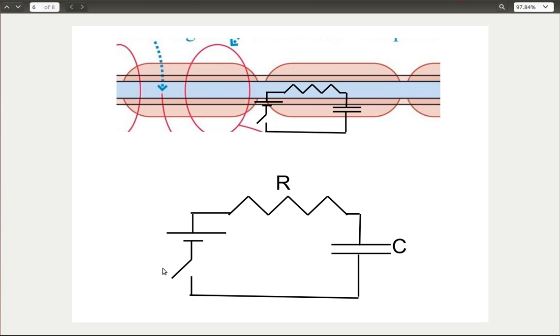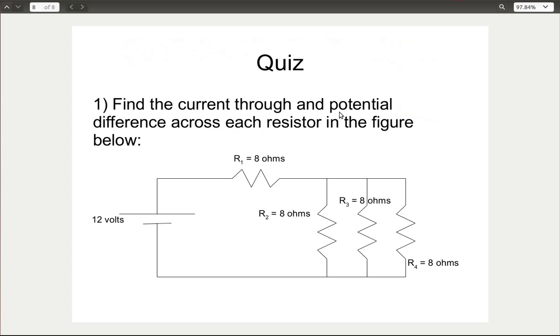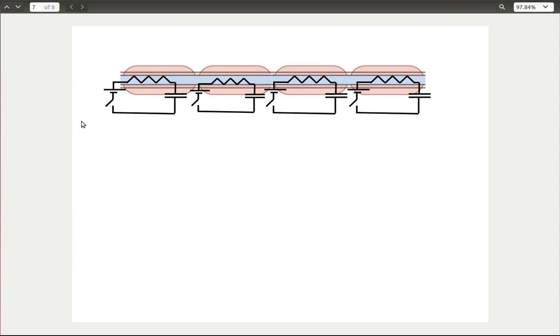So the physics of this circuit, or of the axon, is very similar to a switch, a battery, a resistor, and a capacitor. Each node has its own switch, and so you can think of the nerve signal propagation as the first switch closing, and then the second switch closing, and then the third switch closing, and the fourth switch closing. And the time involved is the time constant of each circuit.